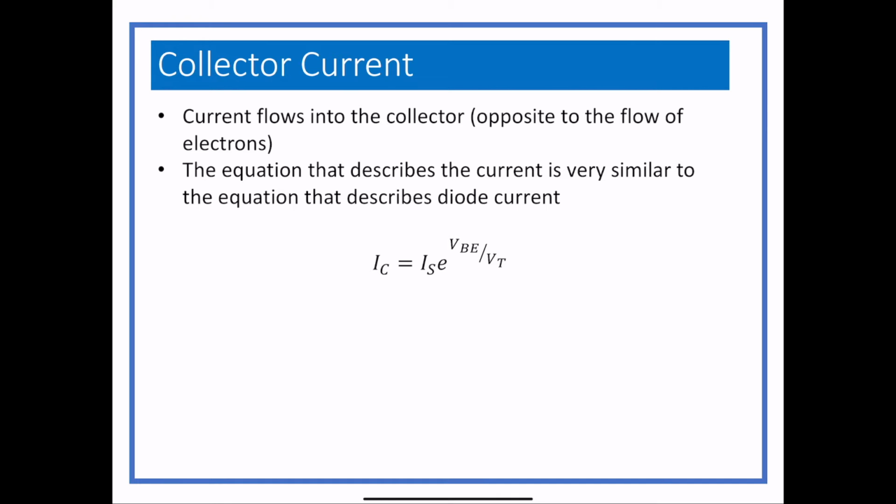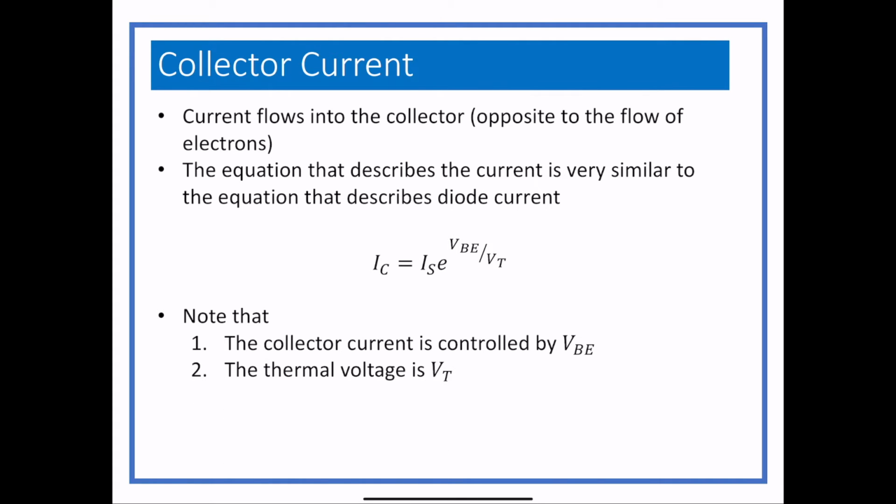So that's one difference. We notice that the collector current is controlled by the base-emitter voltage. You'll see later that we don't usually use that as the controlling factor. We usually use the base current, but to start out mathematically, we talk about the base-emitter voltage.